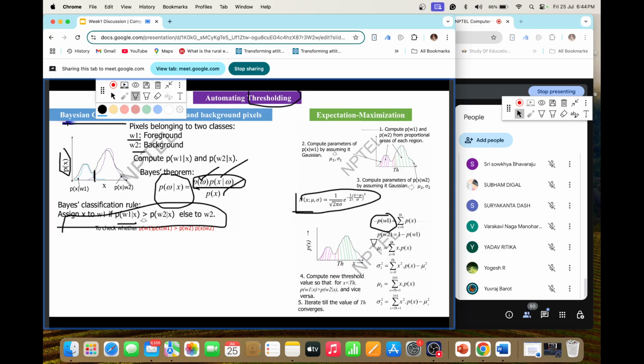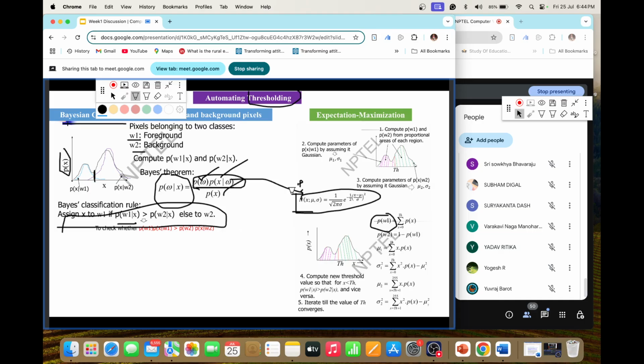Similarly, 1 minus P(W1) will be P(W2). Now there is a formula for mu1, sigma1 squared, mu2 and sigma2 squared. By that you can find P(x|W). This is nothing but the formula of P(x|W).